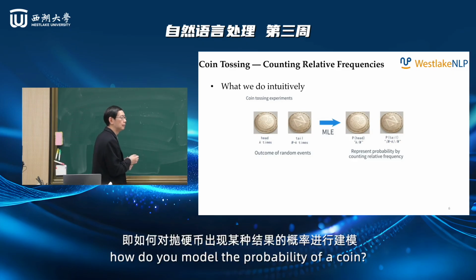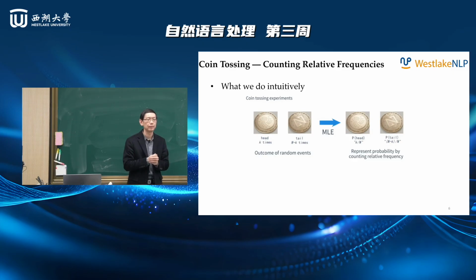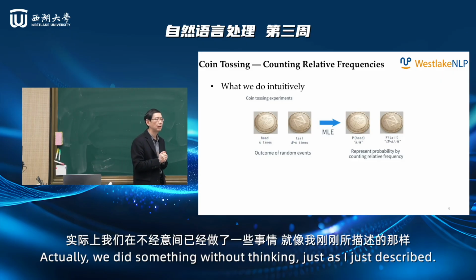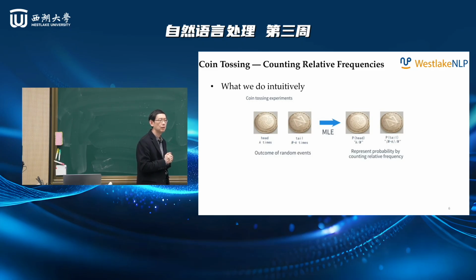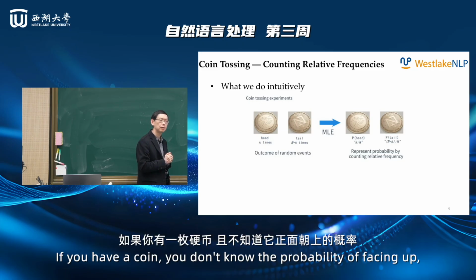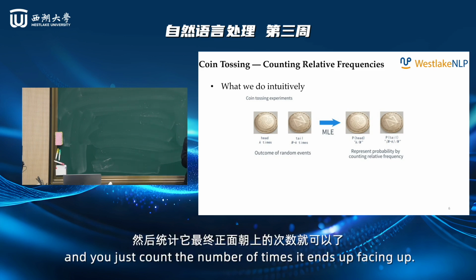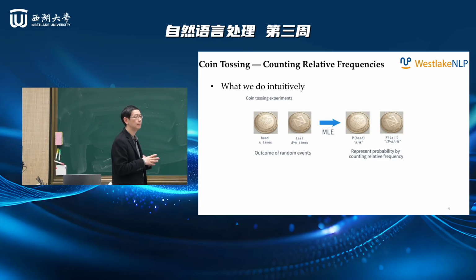How do you model the probability of a coin? Actually, we did something without thinking. If you have a coin and you want to know the probability of facing up, you just toss it 1,000 times, or 100 times, and you count the number of times it ends up facing up.